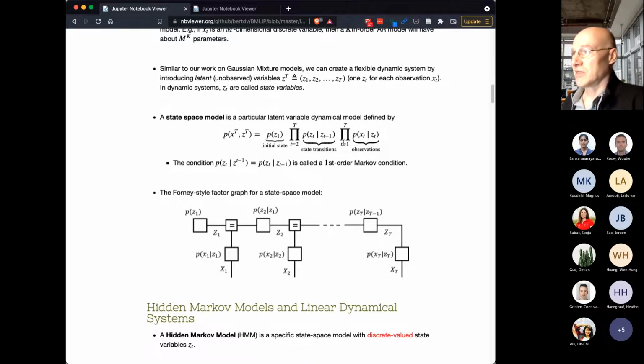X of T could be discrete data, or it can be continuous data. And the state space Z of T could be on a discrete alphabet, or it could be on a continuous alphabet. If it's on a discrete alphabet, we call this whole model a hidden Markov model. If it is on a continuous alphabet, we call it a dynamical system. It's just a label for the name of this model.